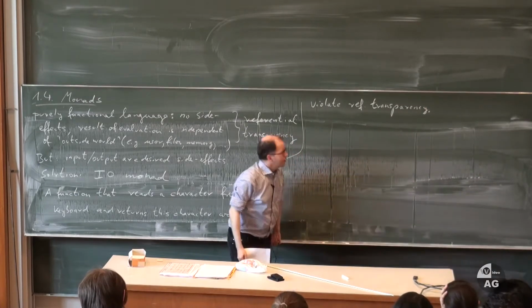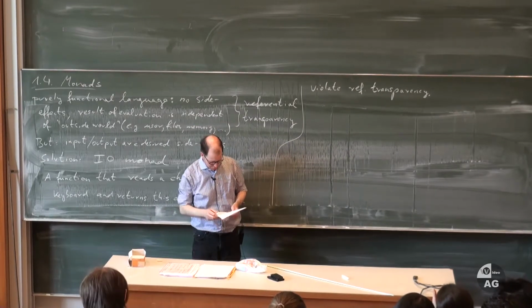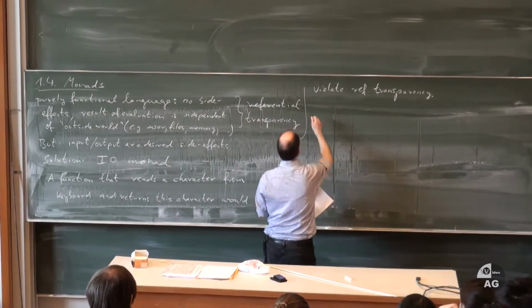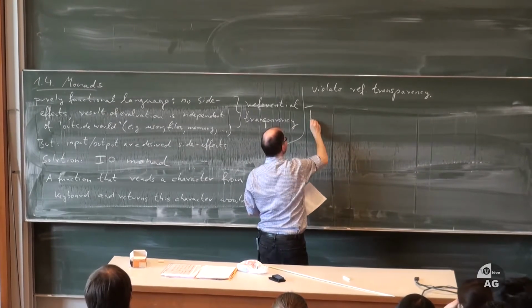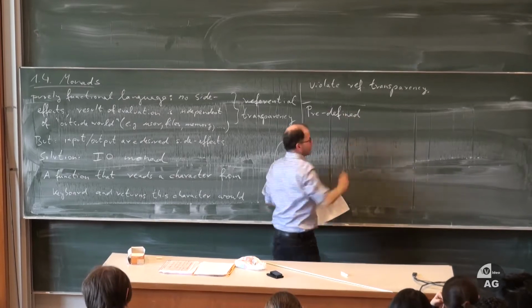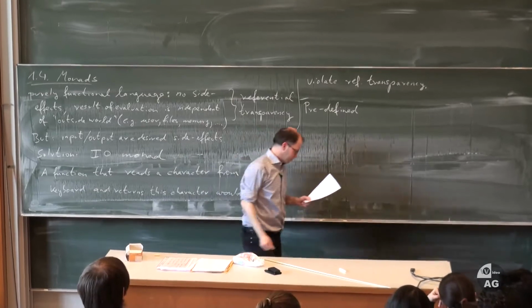Well, the solution is we use this I/O monad, and let's introduce this step by step. What we have is a predefined data type in Haskell, and the first predefined data type only concerns output. We will extend this to input afterwards, but let's start with output.